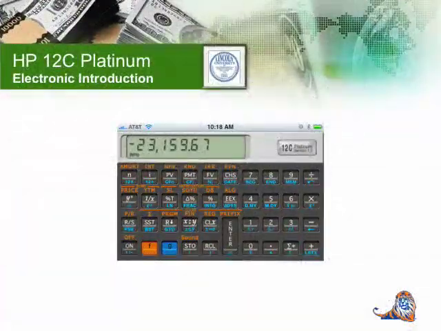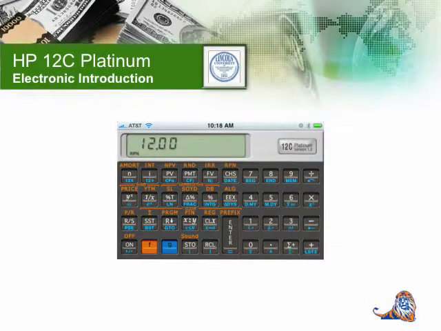Now, let's say for instance we change the number of years from 10 years to 12 years. Alright, so we enter the number 12, and because we changed the years, what key does that represent? The N key. So we would hit that, followed by, once again, the present value.